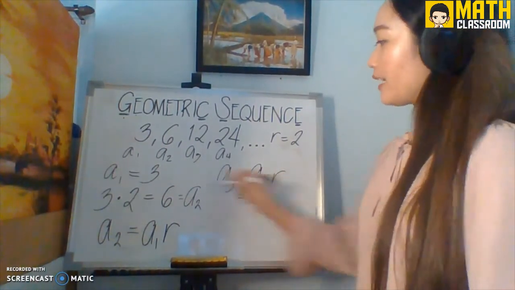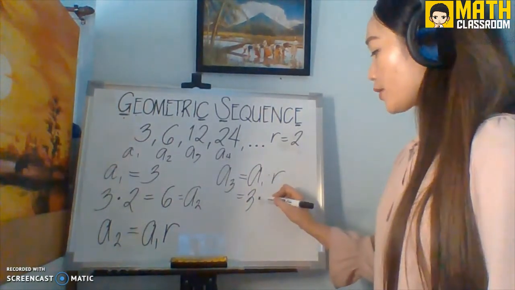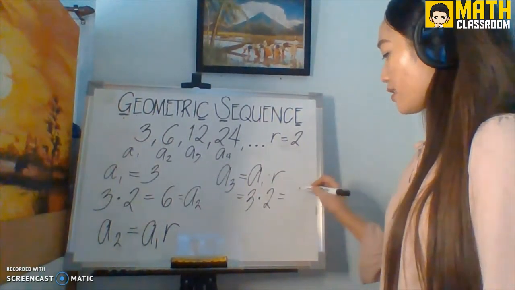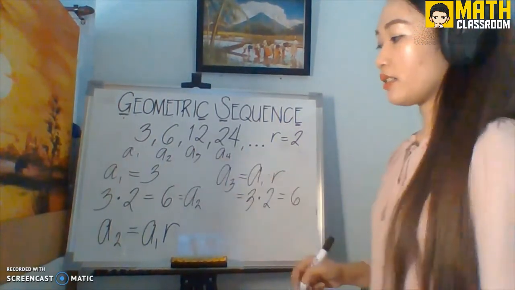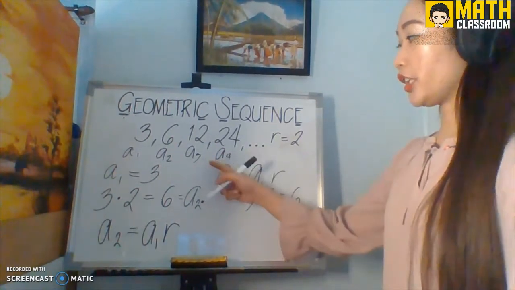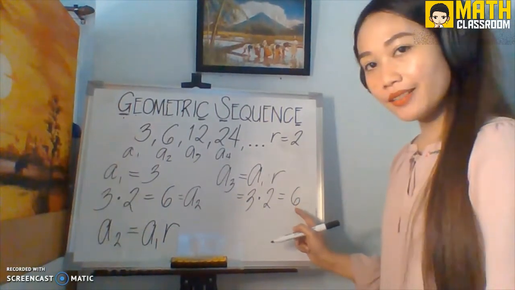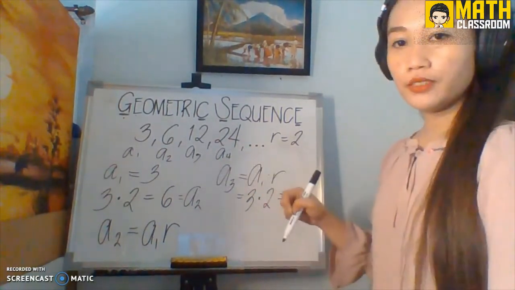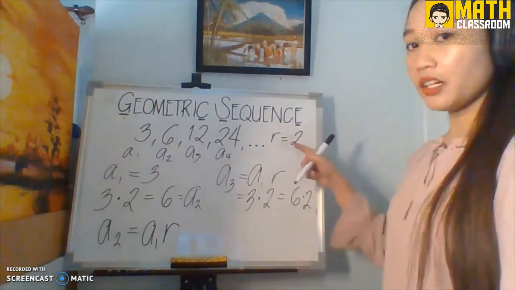What is our a sub 1 again? It's 3. So 3 multiplied by 2 is just 6, which is your second term. But we are looking for the third term. So if this is 6, what can we multiply to 6 to get 12? Yes, we can multiply it by 2, which is again the common ratio.